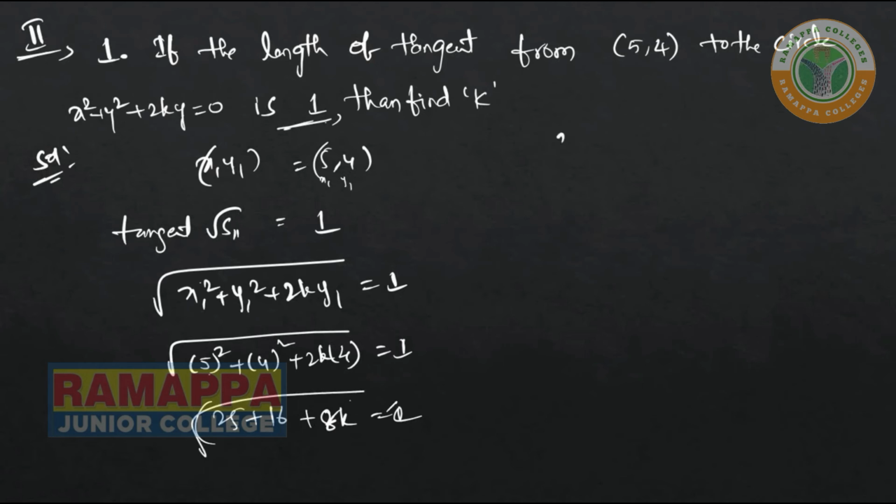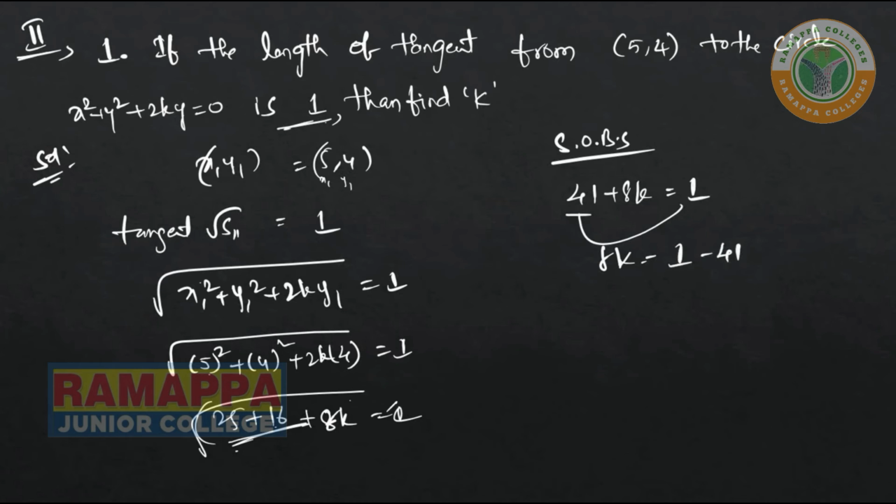Squaring on both sides, it becomes 41 plus 8k equal to 1. So 8k is equal to 1 minus 41, which is minus 40. So 8k is equal to minus 40, k is equal to minus 40 divided by 8, which is minus 5. That is the answer here.